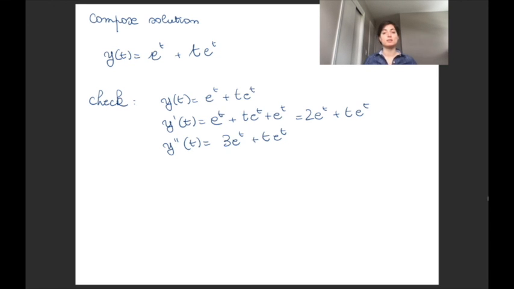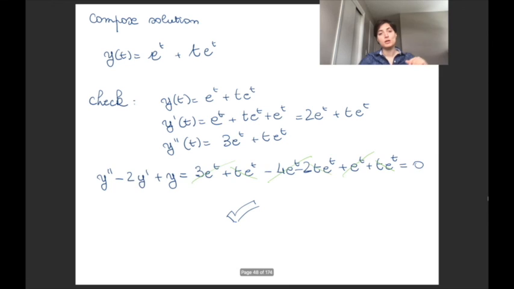So the first derivative is 2 exponential of time plus t exponential of time. And the second derivative, in a very similar way, retrieves 3 exponential of time plus t exponential of time. We take this, we plug it in our ODE, that is y second minus 2y prime plus y, and it does simplify everything out. So this is indeed the solution of our ODE.